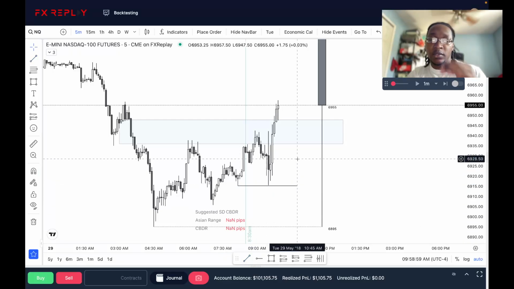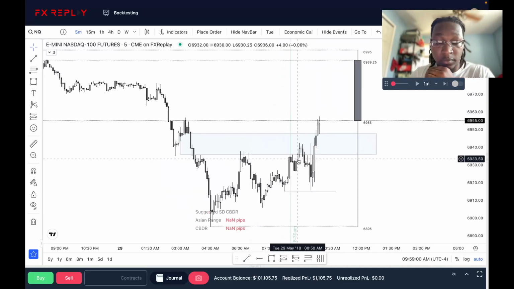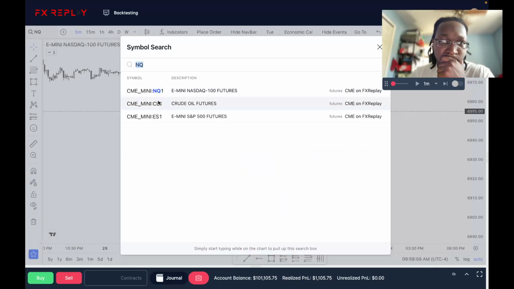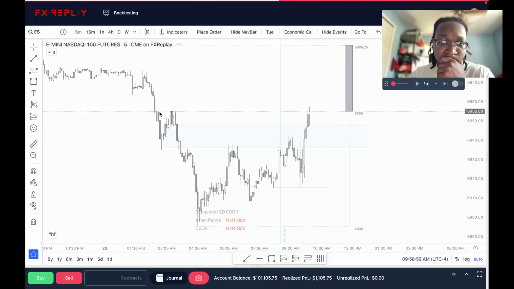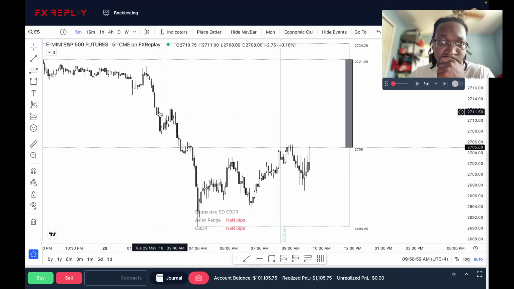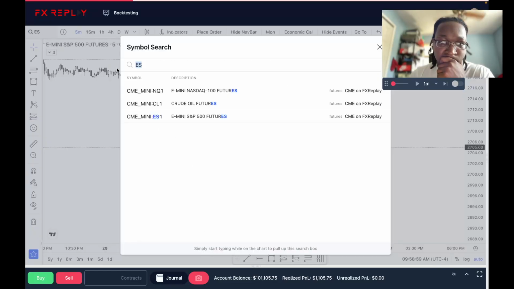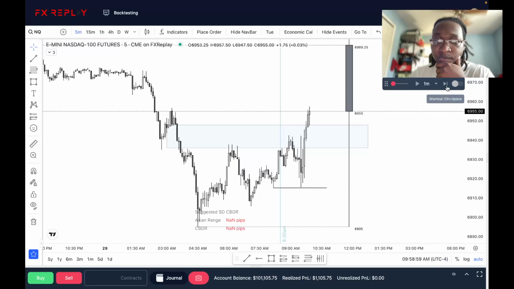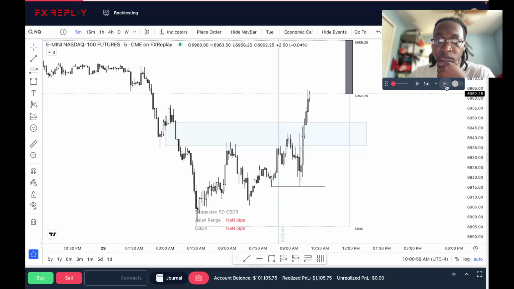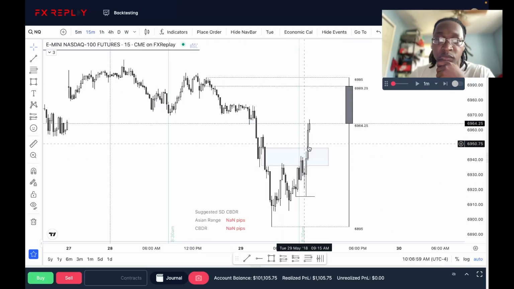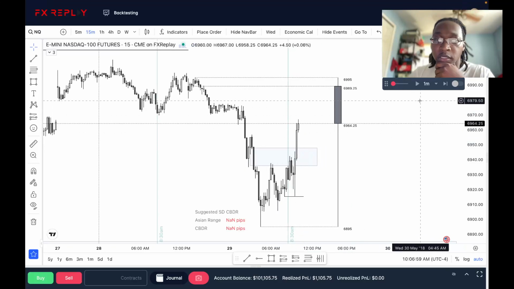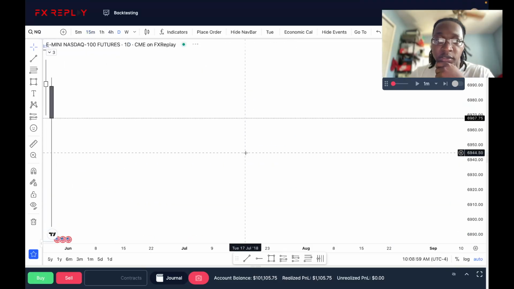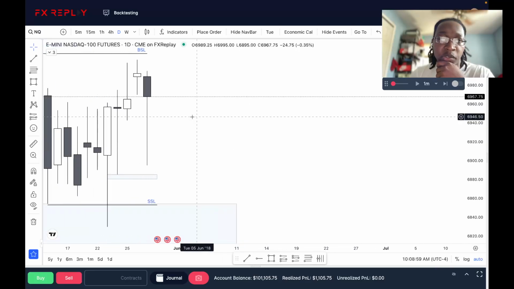I hate leaving clean lows. Absolutely hate leaving clean lows, man. But we're pushing higher. The daily's just, yeah, we're pushing higher.